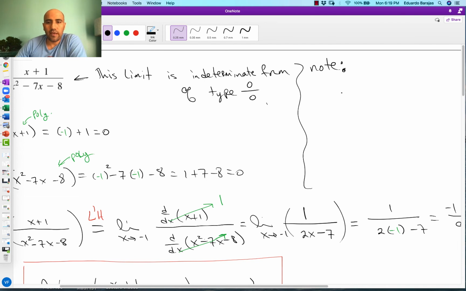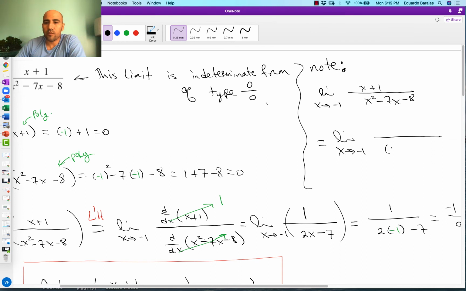So note that if we have the limit as x approaches -1 of x plus 1 over x squared minus 7x minus 8, another thing we could have done is say that this is equivalent to the limit as x approaches -1 of, and then factor the denominator. We would have gotten an x plus 1 times an x minus 8.